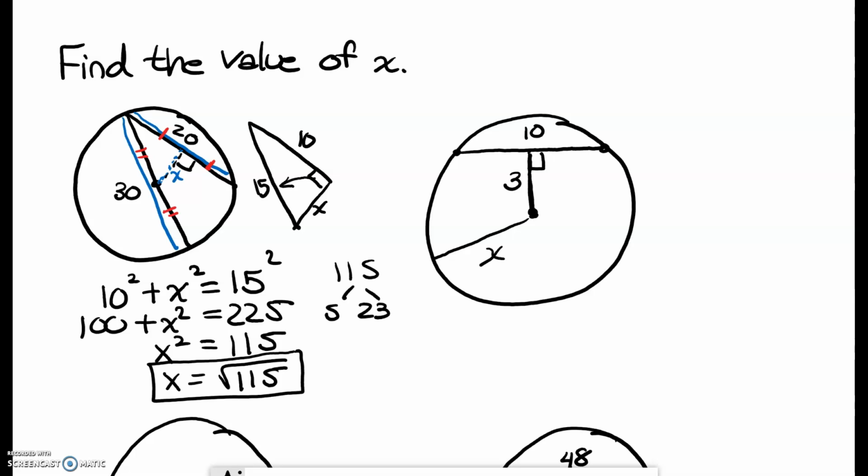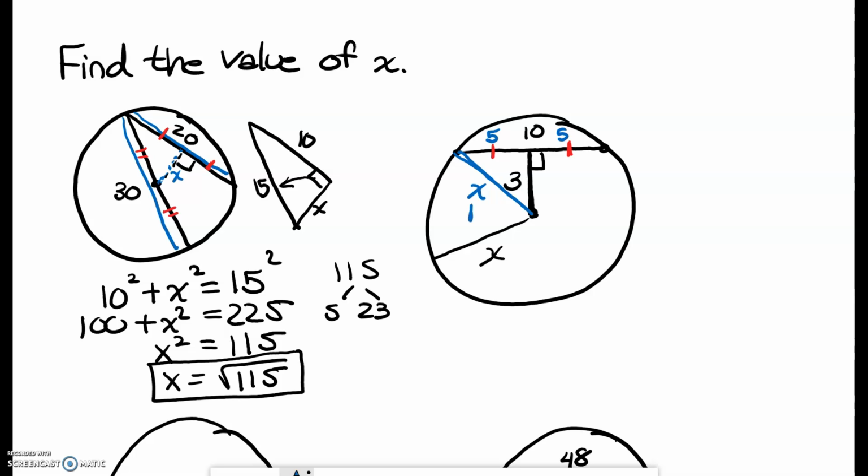So how about this one? Again, I was told that if I draw a perpendicular line from the center of my circle to a chord, my chord gets split in half. So each half is 5. Okay, so it looks like I have to find the radius of the circle, so I can draw a radius anywhere I want, and because all radii are congruent, I can label that x.